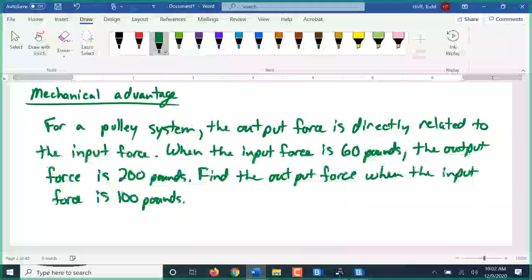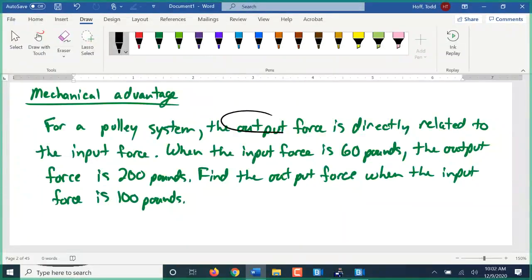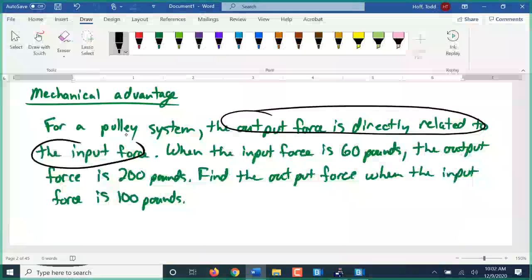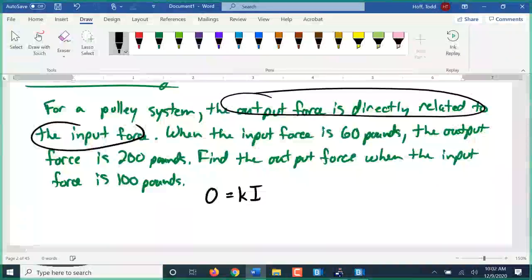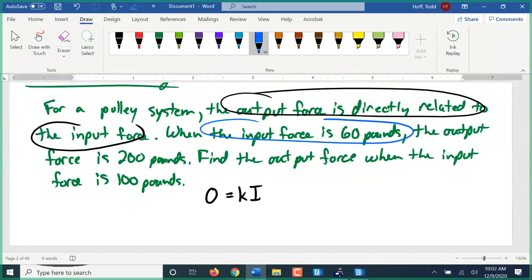So here we have output force is directly related to input force. So I'm just going to call them O and I. So the output force is a constant times the input force. When the input force is 60, the output force is 200.